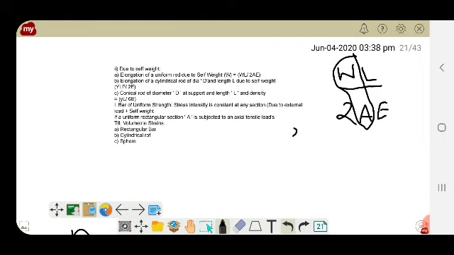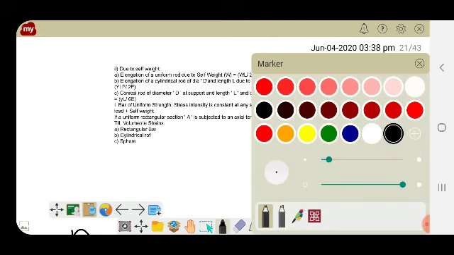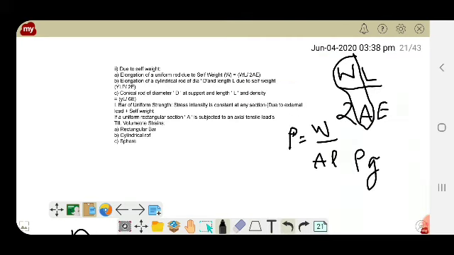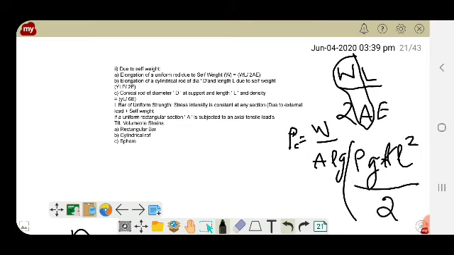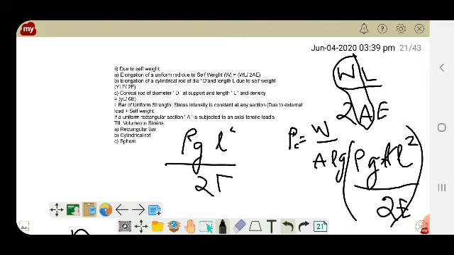If density is given by rho equal to W by volume, volume is area times length, here W is rho G A L, so rho G A L square, A and A cancel, 2E. This is one way to represent this elongation, that is rho G L square by 2E.